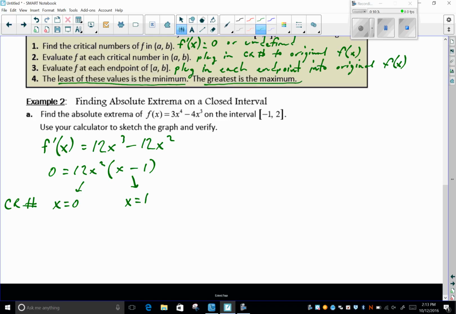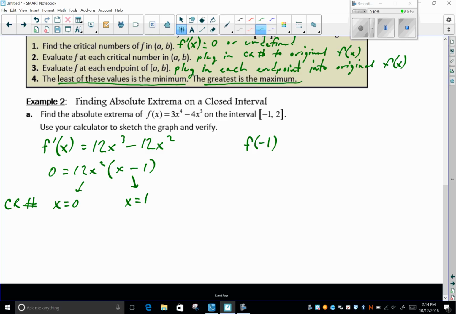So we found the critical numbers, step 1. Step 2, evaluate f at each critical number, and then number 3, evaluate f at each endpoint. So I'm going to start with the endpoint of -1.